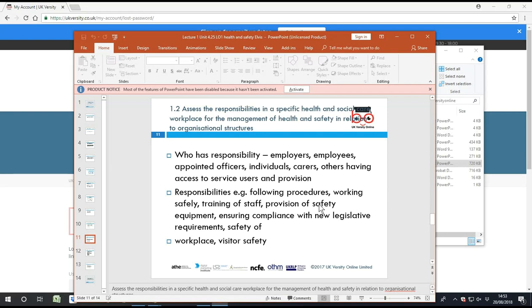If you look at the construction environment, the employer is supposed to provide hard hats, goggles, safety boots, and gloves.